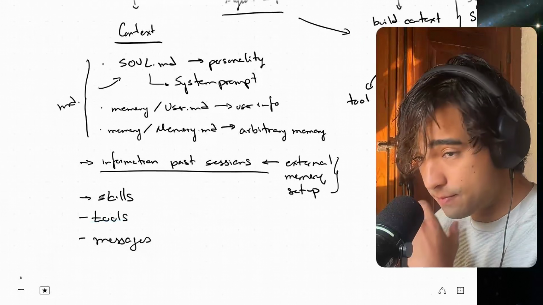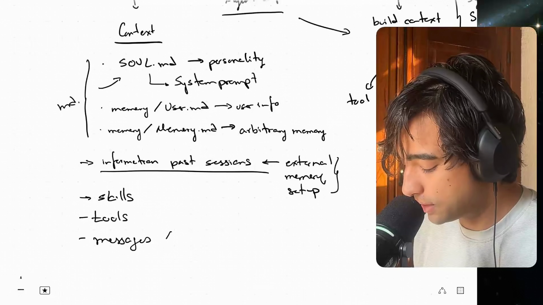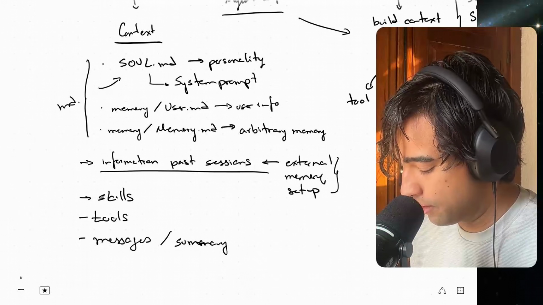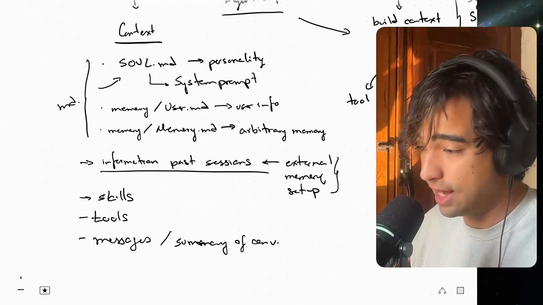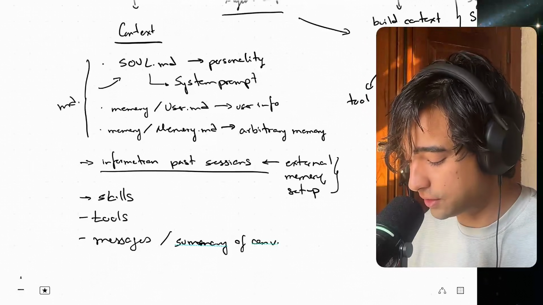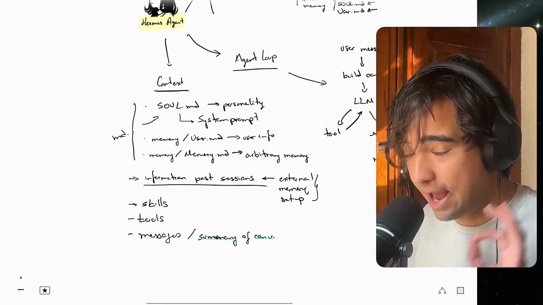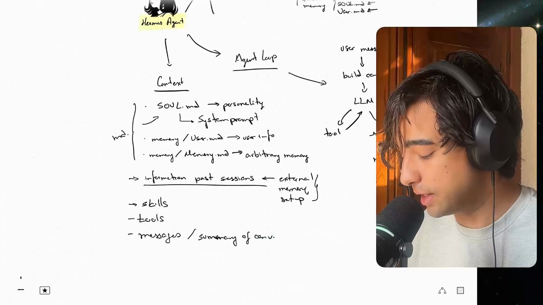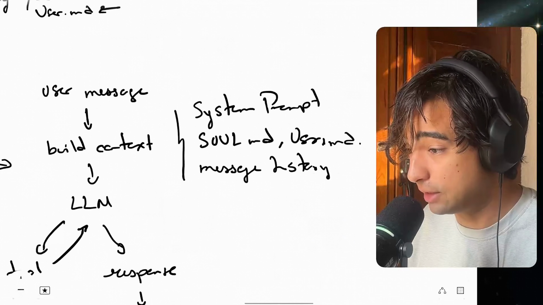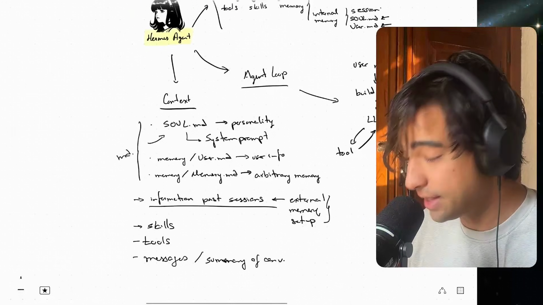It can be the entire conversation, or if the conversation exceeds a certain threshold of the context window of your agent, Hermes summarizes the conversation. So that is basically the context that is sent every single time you send a message to Hermes, and that's what happens right here during the build context step of the loop. Okay, so that's for the context.